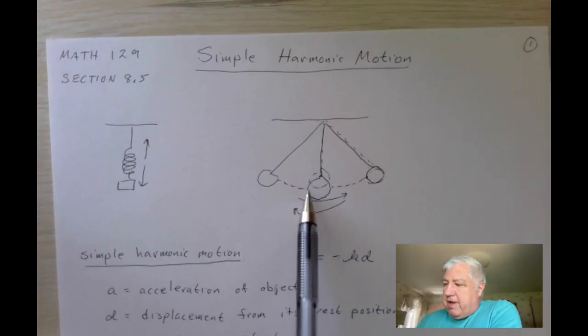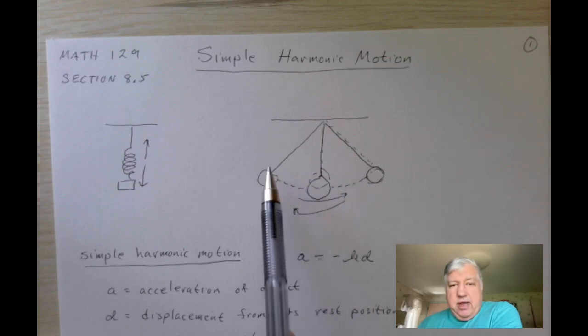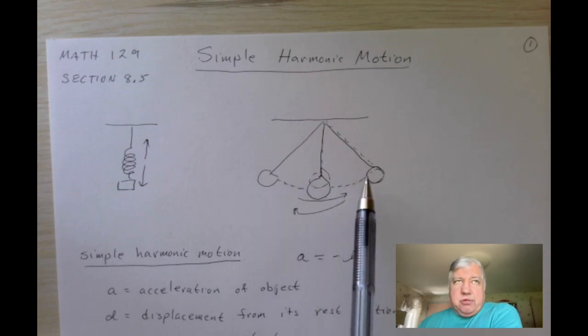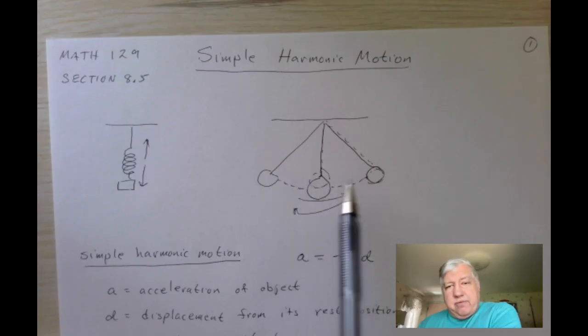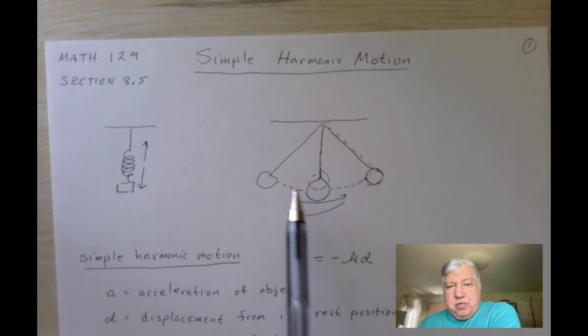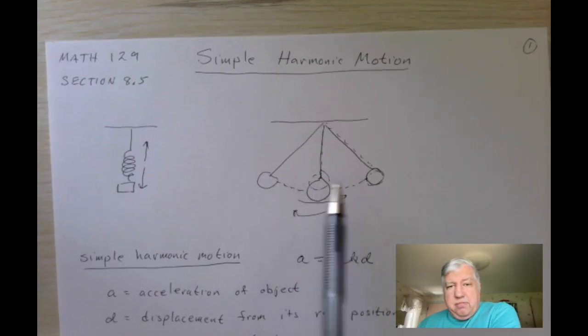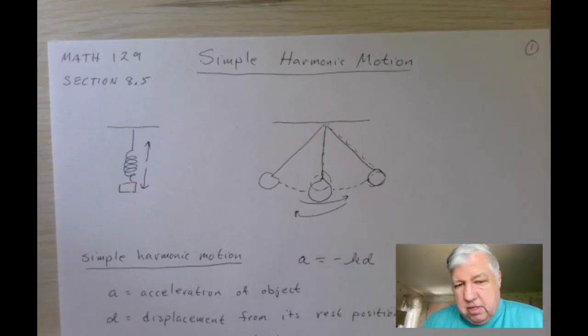Another example is a pendulum that we pull back and release, once again pretending there's no air resistance, so it will just go back and forth forever. The position of this object can be modeled with simple harmonic motion.